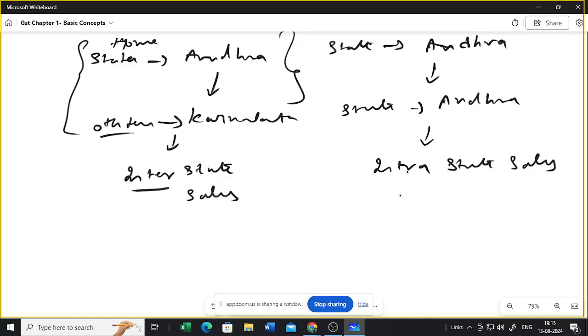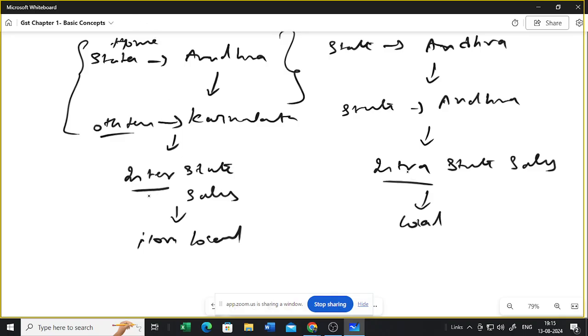When we are purchasing within our state, we call this intrastate purchases. In normal language, if you are preparing the accounts in Tally, we call this local or non-local. So interstate we call non-local. Here we call this local. Local means within the state. Non-local means outside the state.